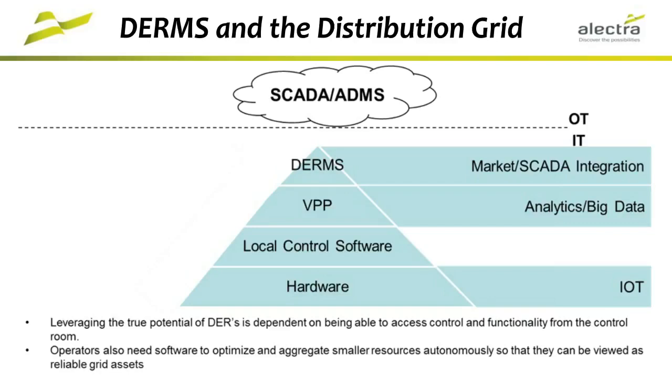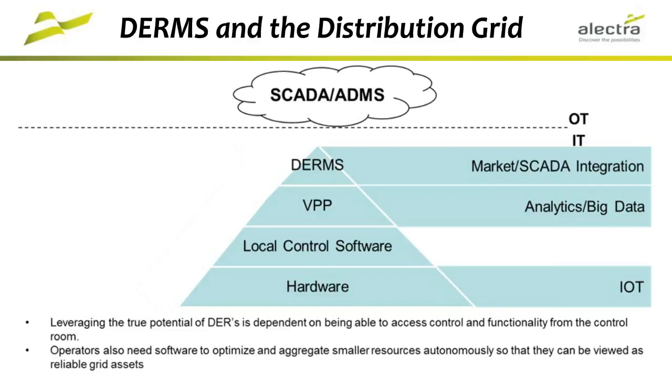And then as you go up one more layer, we see the functionality of the DERMS to be the market and SCADA integration piece, really determining how do you manage maybe conflicting calls for services, how do you balance needs from market participation versus local distribution needs, and what kind of trade-offs those involve, both financially and in terms of compliance and performance. So that's how we see the network shaping up.